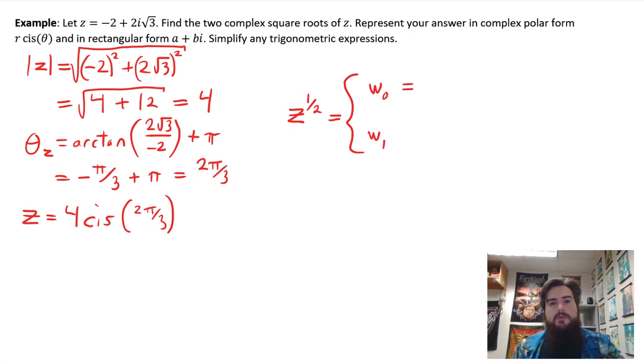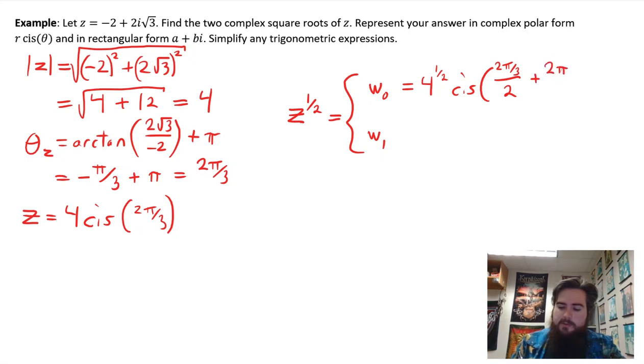The first square root is where we're going to take the modulus to the power of 1/2. And then for the angle measure, we're going to take our angle measure and divide that by 2, or multiply by 1/2. And we're also going to have plus 2 pi, also multiplied by 1/2, and we're going to plug in 0.